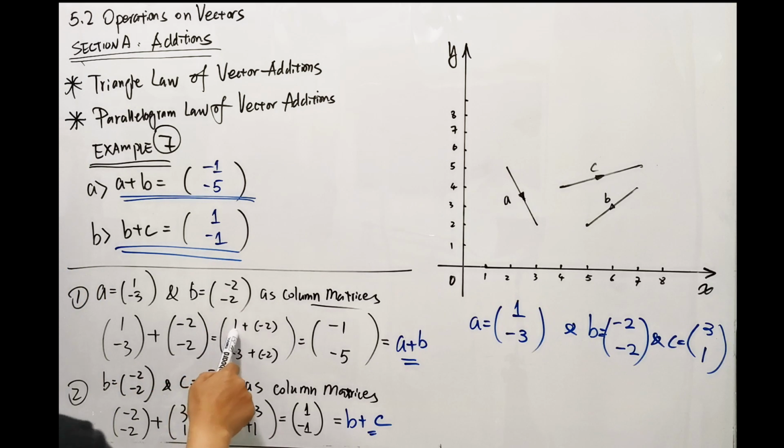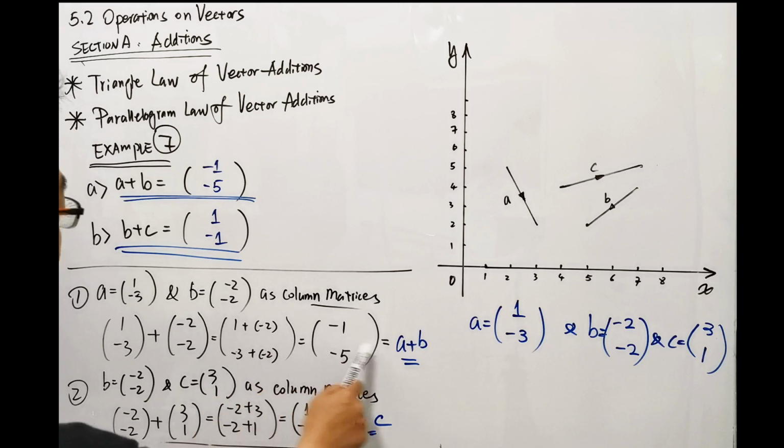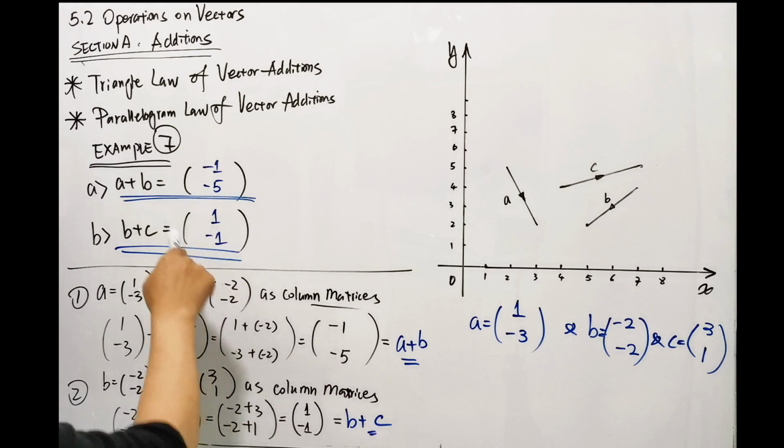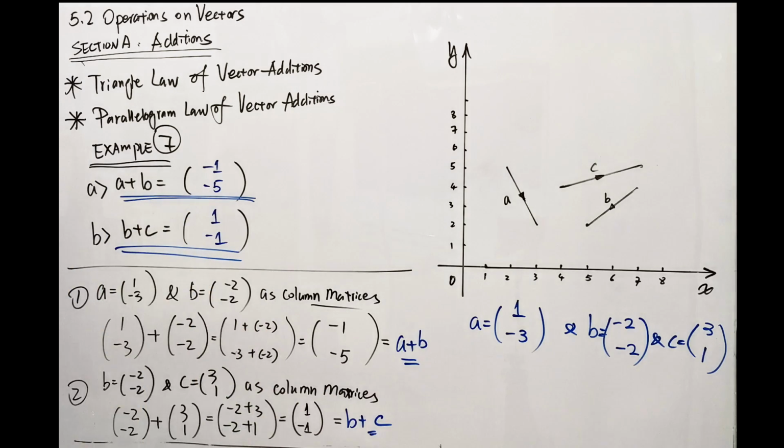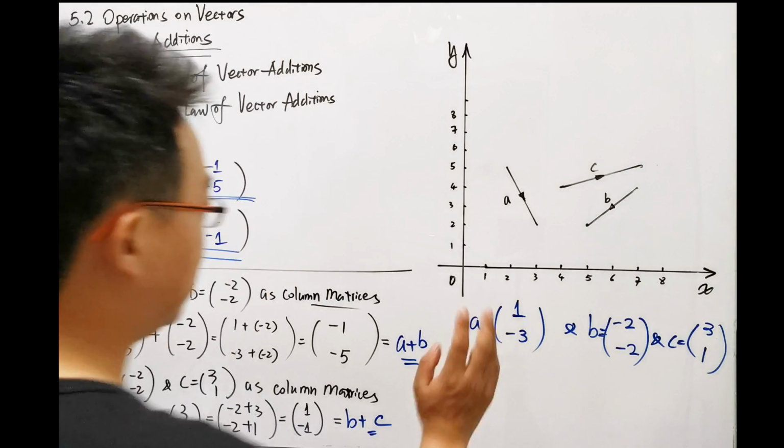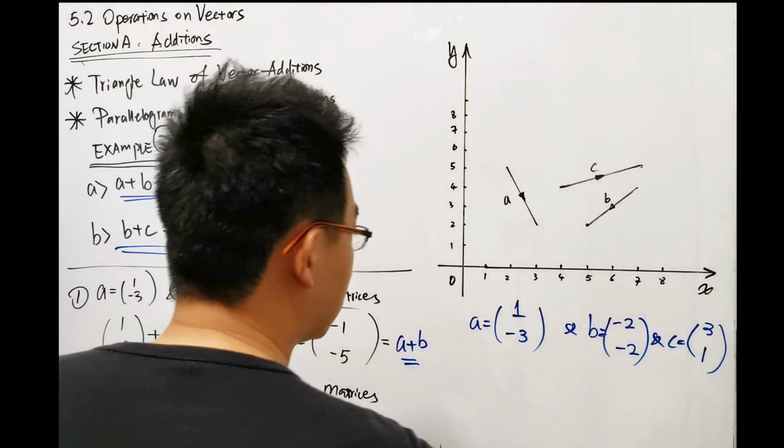So please just add up x with x, and y with y. We get the same answer here. So now we're going to come out with the formula for this. This is very clear, right? Let's move on.